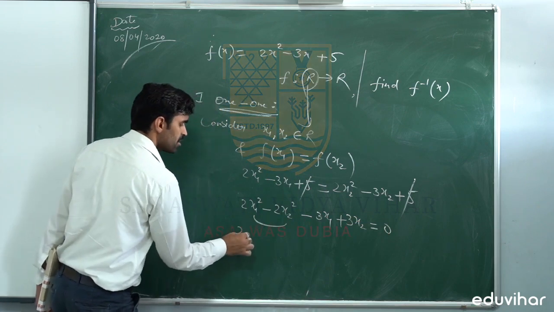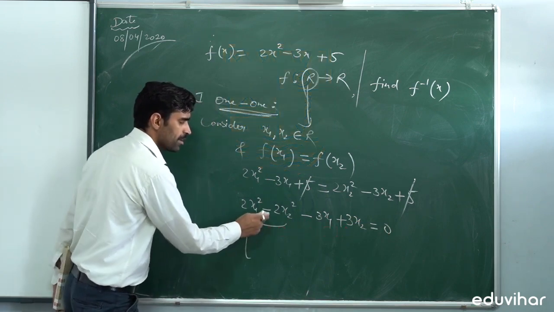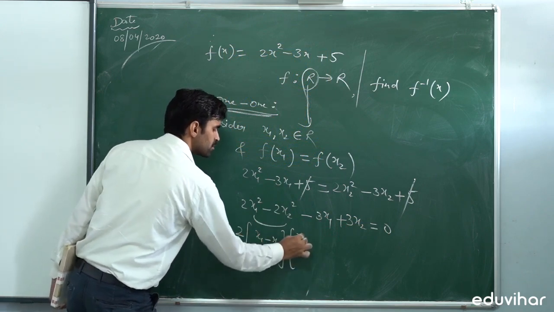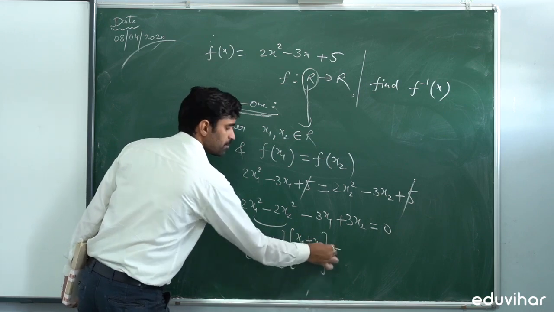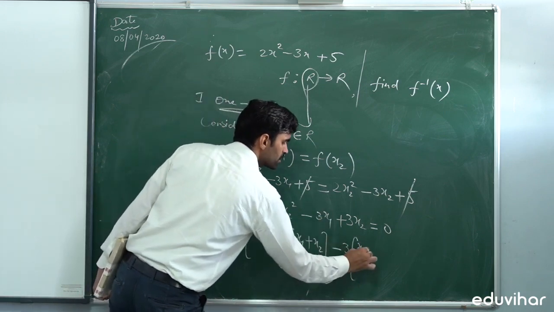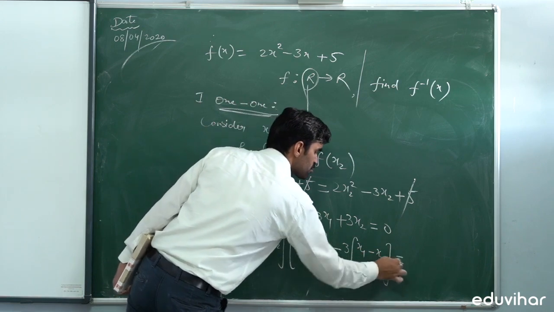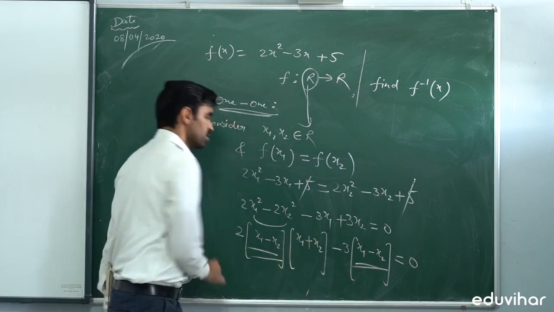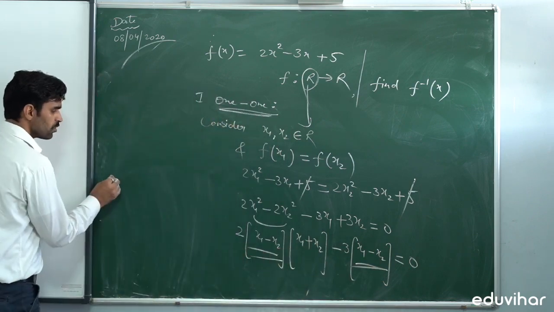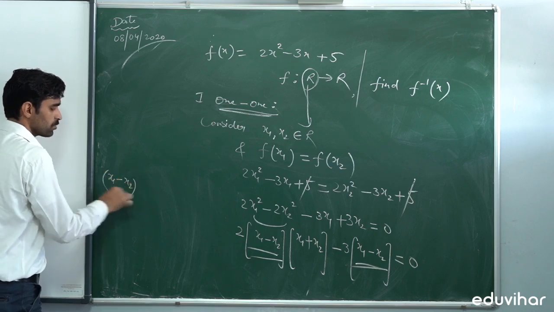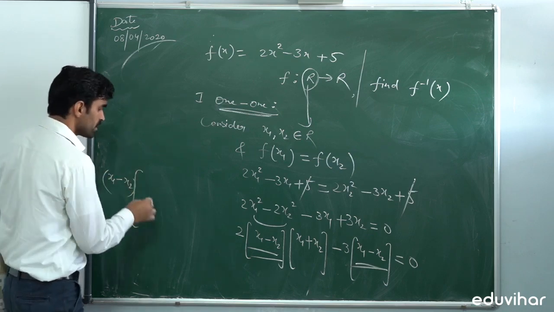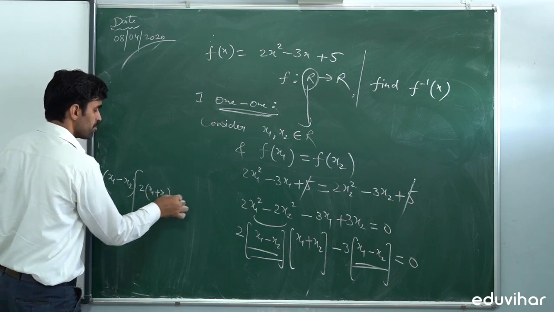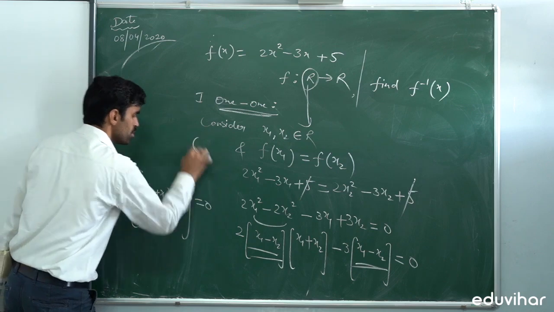Then 2(x1² - x2²), that is (x1 - x2)(x1 + x2), and 3 is common in both, so (x1 - x2) is common. We get (x1 - x2)(2(x1 + x2) - 3) = 0.